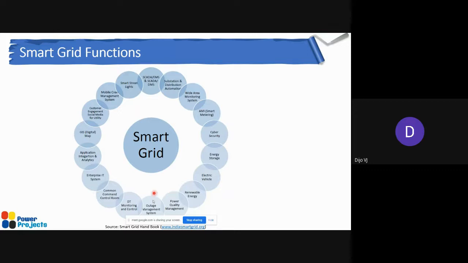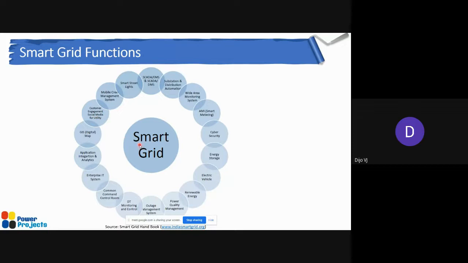Okay, outage management system, distribution transformer monitoring system, common control room, enterprise IT systems, analytics, which includes artificial intelligence based systems, GIS mapping, which is mainly for asset management, then customer engagement, social media.